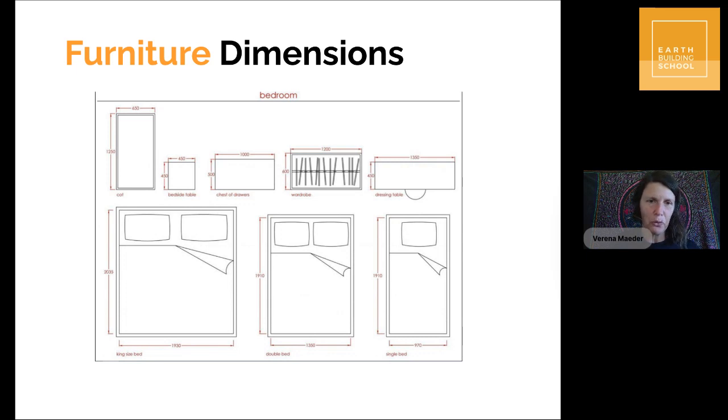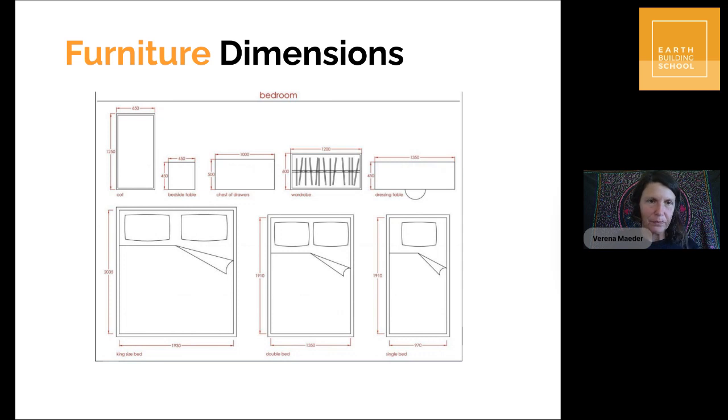What you could also do is physically measure a bed or a closet or a bedside table. If there's a piece of furniture that you really like and you want to have in your space, you actually measure that piece of furniture so that you can place it and make sure that it fits.